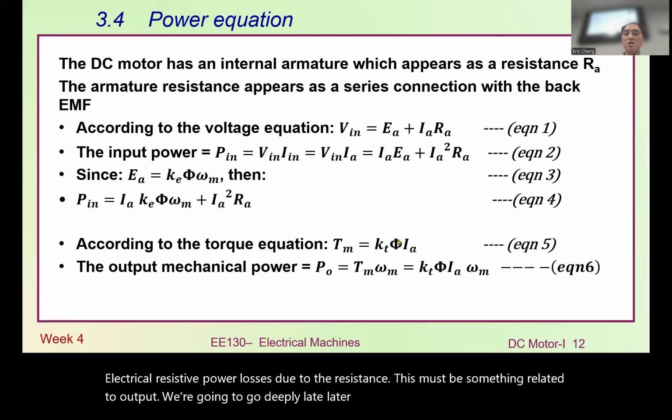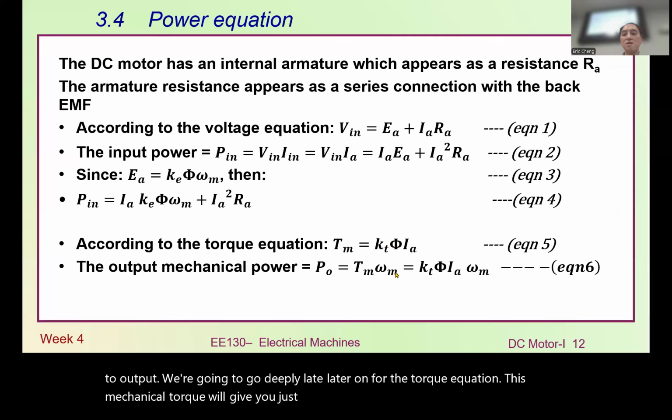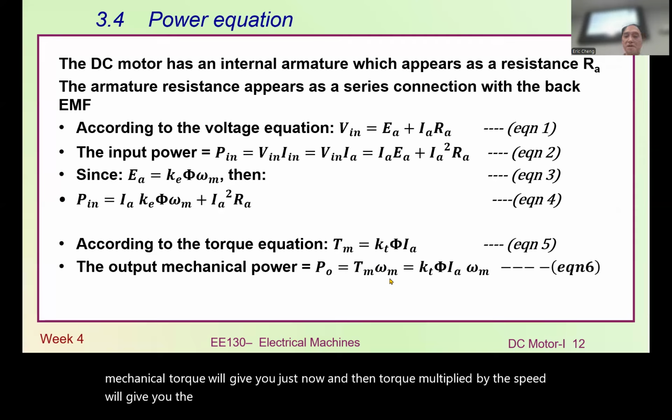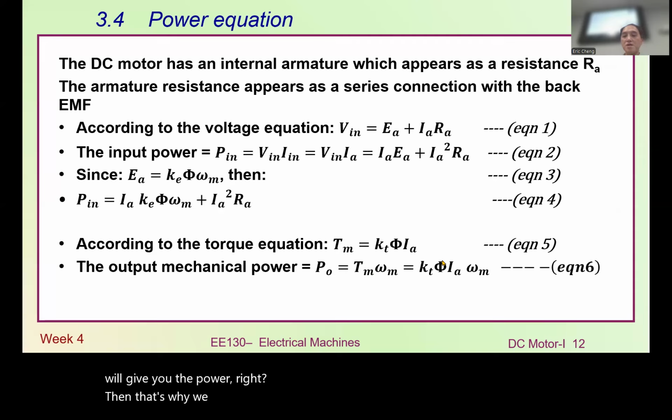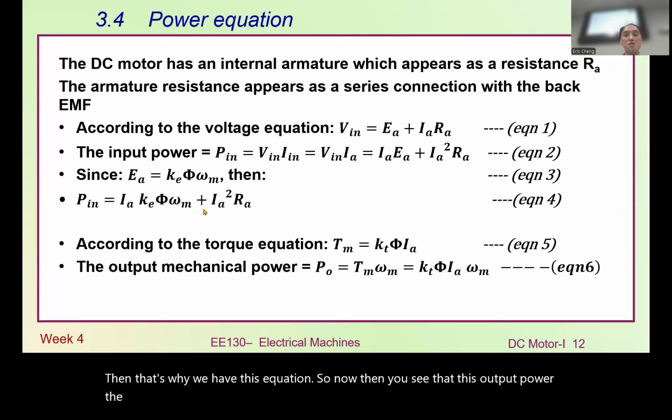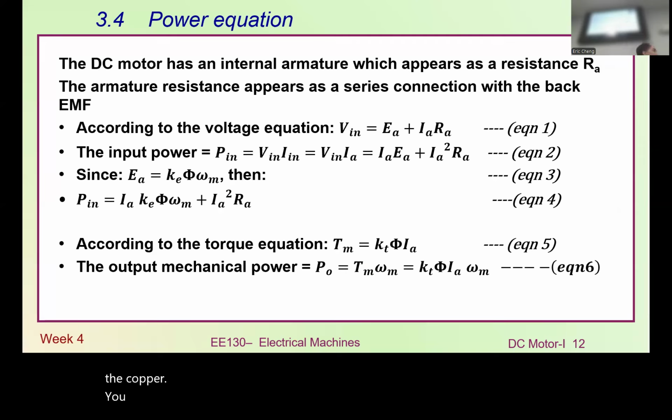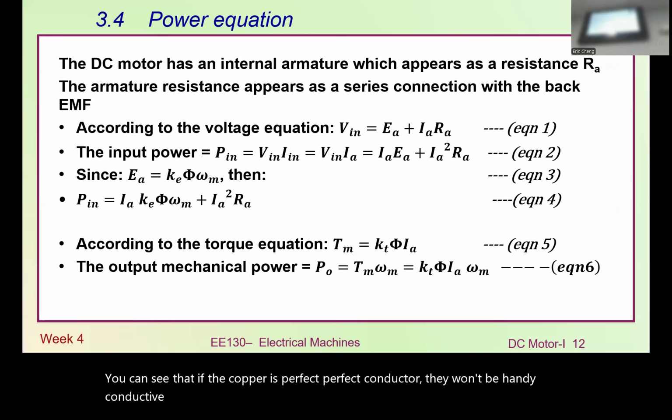For the torque equation, that's the mechanical torque we gave you just now. And the torque multiplied by the speed will give you the output power, right? That's why we have this equation. So now you see the output power and the input power. In this equation, we see that this is obviously the resistive loss due to the copper. If the copper were a perfect conductor, there wouldn't be any conductive loss, so everything would go to output.